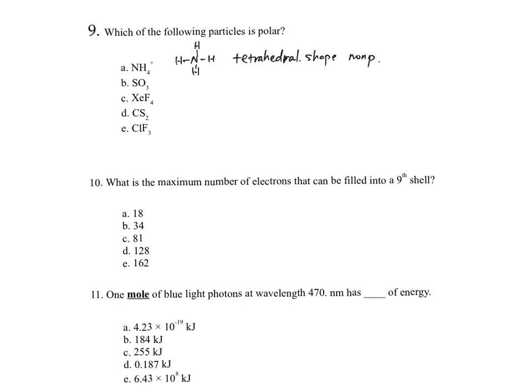Okay, SO3. SO3 is actually just like CO3 2 negative. You would have lone pairs, and you would find you run out of your 12 pairs of electrons, and one of your oxygens needs to take one for the team and make a double bond to give your sulfur an octet.